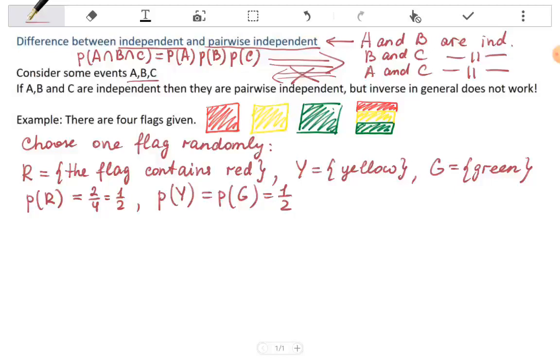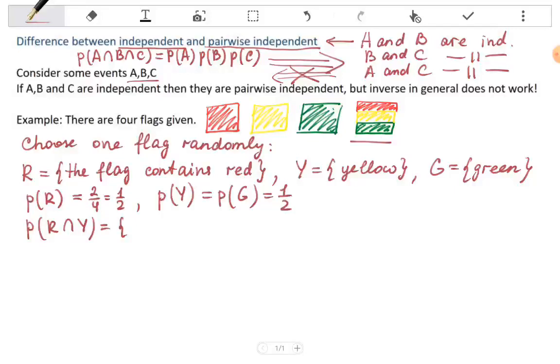Next, let's look at the event, for example, R intersection with yellow. Which outcomes does this event contain? Of course, the outcomes of this flag, right? The red contains the 2 flags, red and the 3-colored flag, and yellow contains yellow and the 3-colored flag.